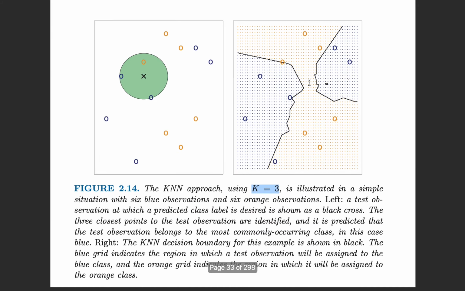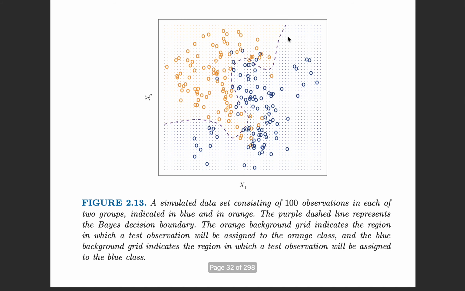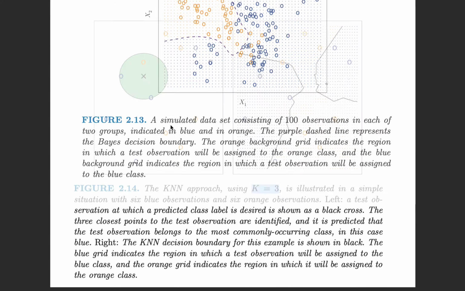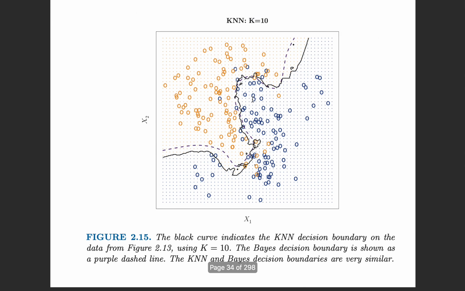This dashed line is the optimal Bayes classifier, essentially a classifier that is only suffering from irreducible error. Now, if you apply 10 nearest neighbors, you get this decision boundary, which is different from it, obviously.